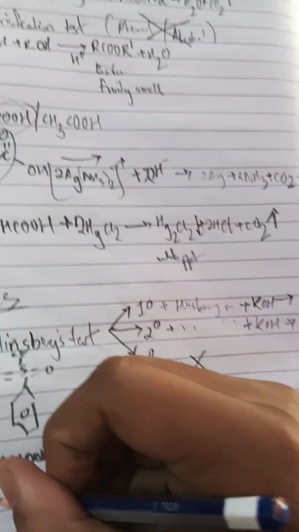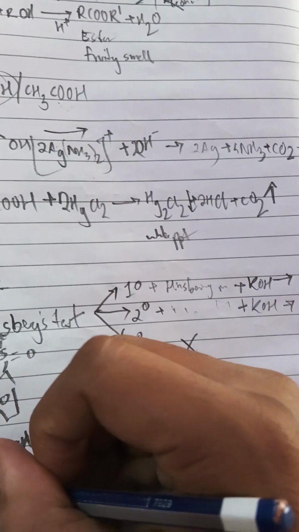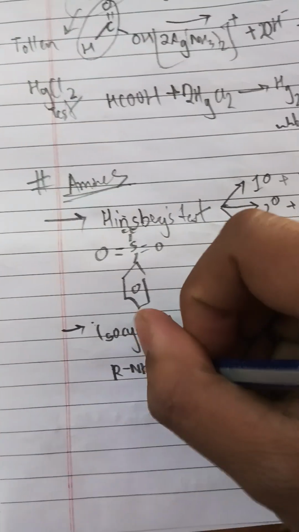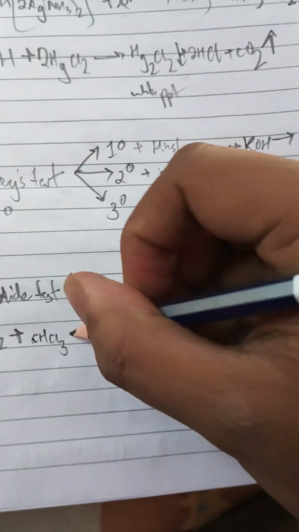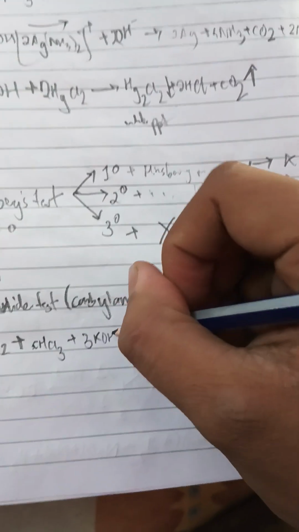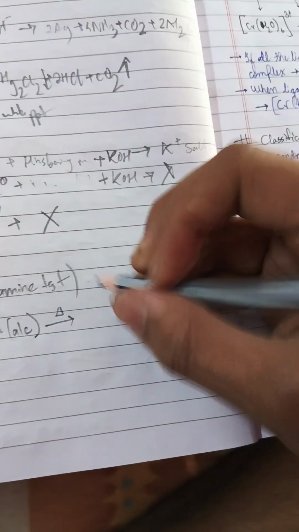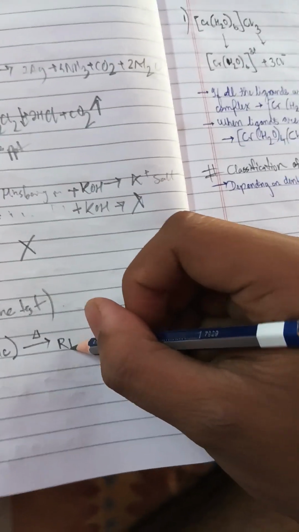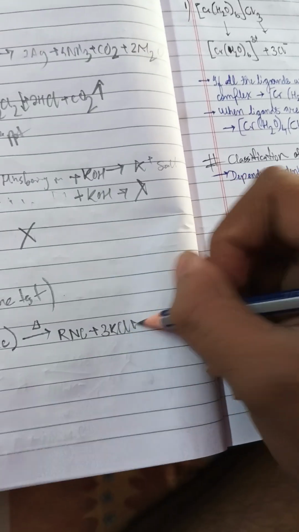So how does the reaction go? It is RNH2 plus CHCl3 plus 3KOH alcoholic gives RNC plus 3KCl plus 3H2O.